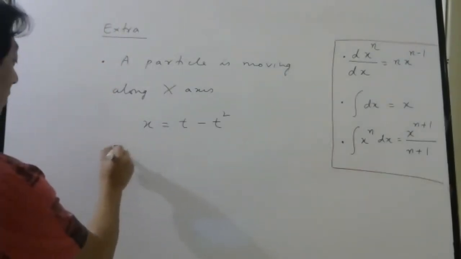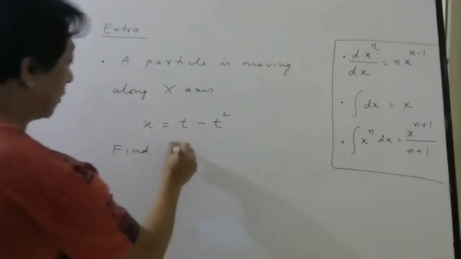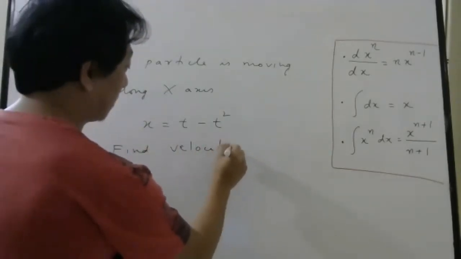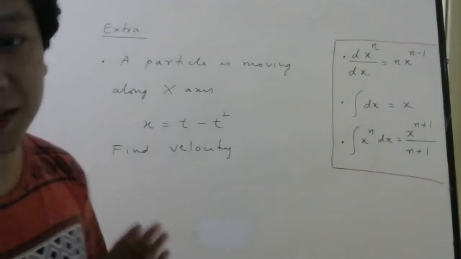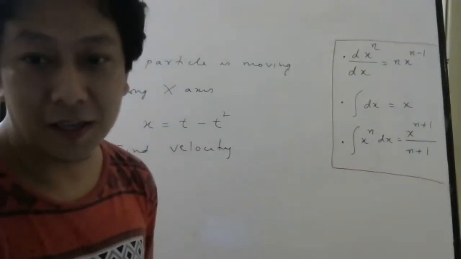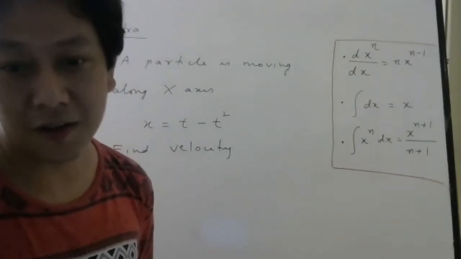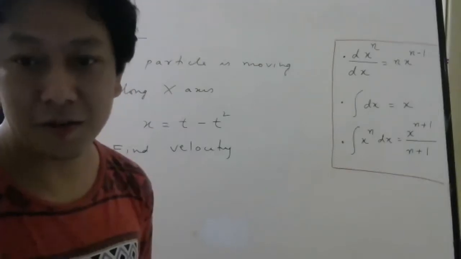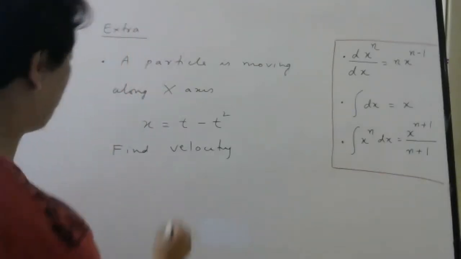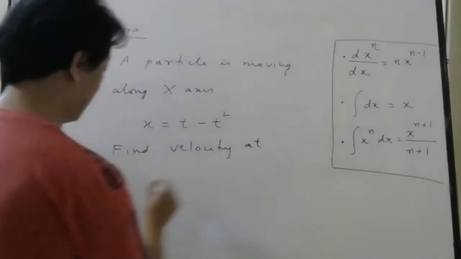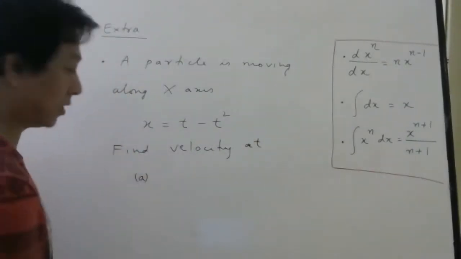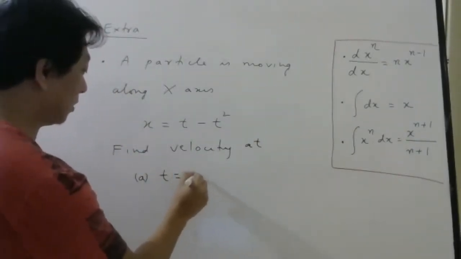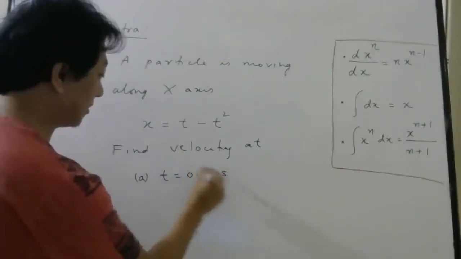So you have to find velocity. And if I write only velocity, it means instantaneous velocity. Understood or not? So you have to find velocity at, first question, t equal to 0.25 seconds.